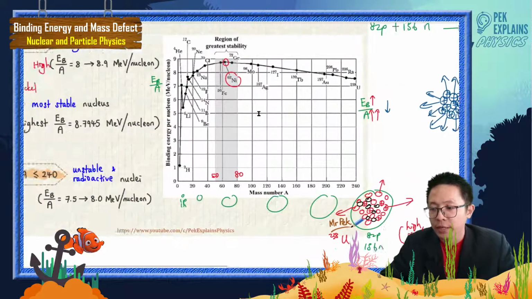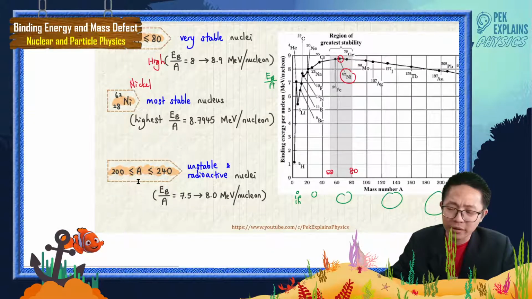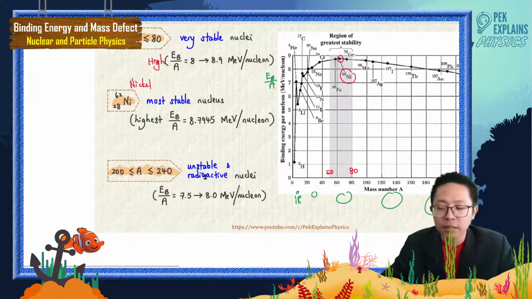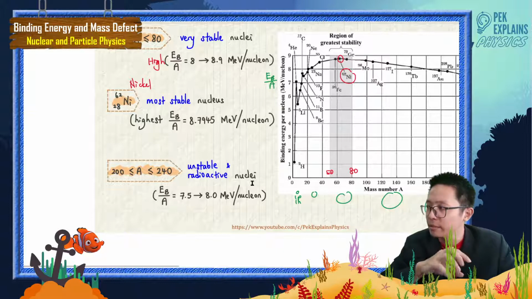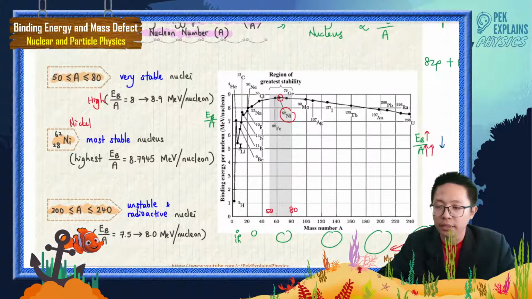That's why in the end, when the nucleon number goes up to 200 and 240, it becomes unstable and radioactive nuclei. Unstable and radioactive nuclei means at any time they will disintegrate, they will decay to form a more stable nucleus.